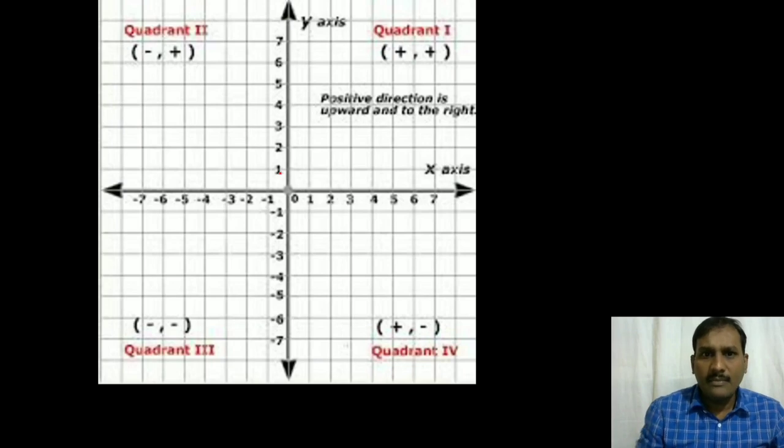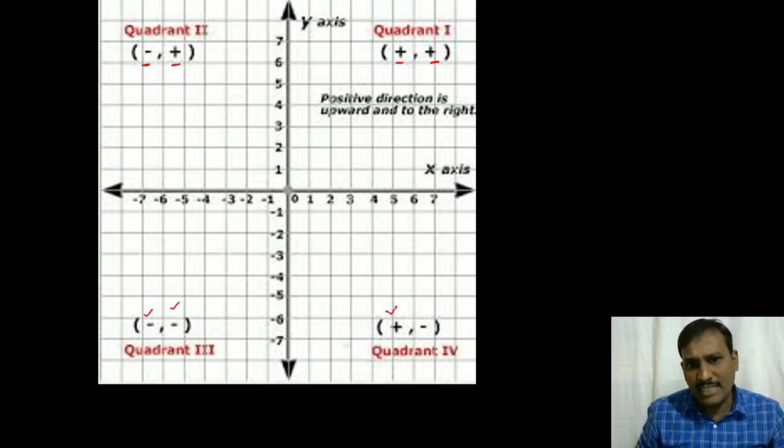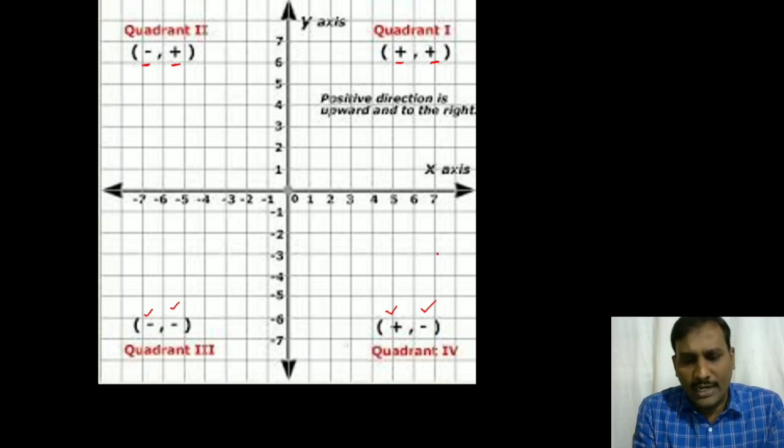In quadrant 1, plus comma plus, both are positive; in quadrant 2, x is negative and y is positive; in quadrant 3, both are negative; and in quadrant 4, x is positive and y is negative. This is how the points behave in different quadrants.